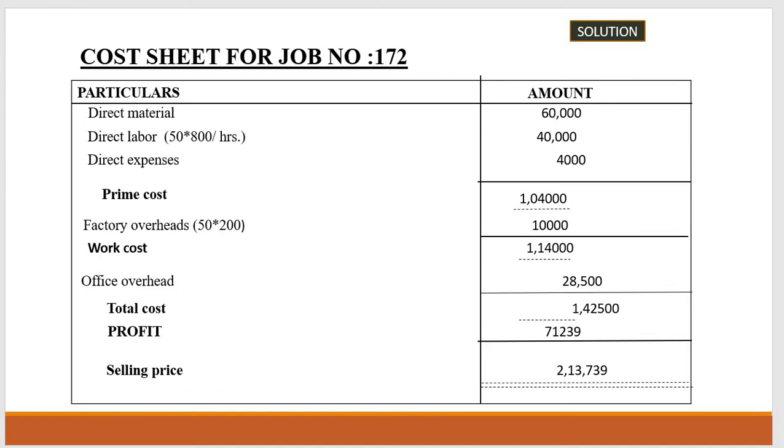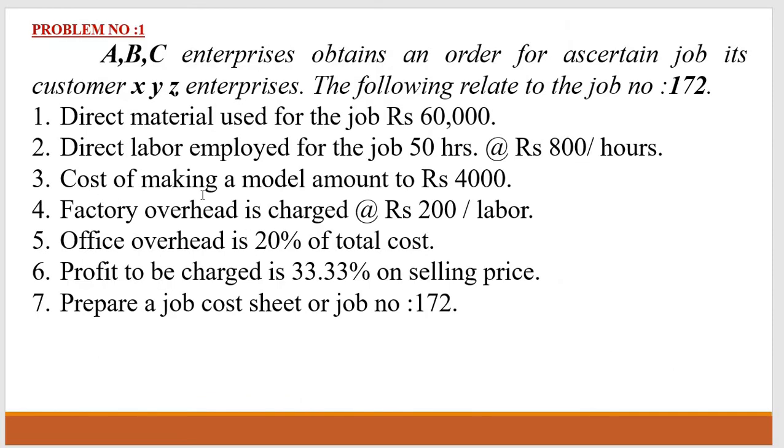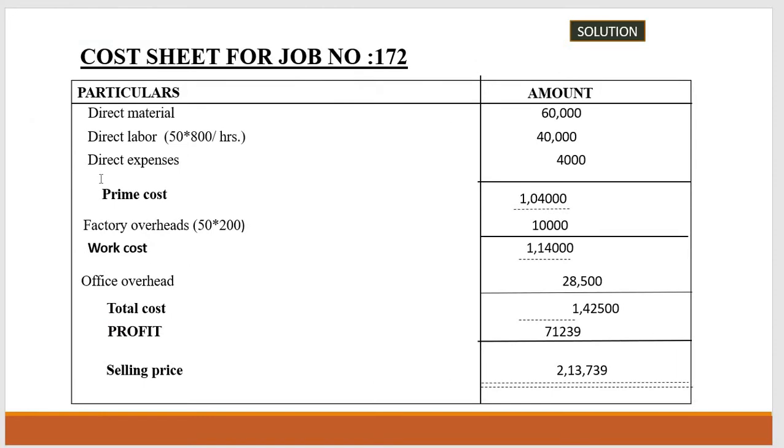Next, cost of making a model amounts to rupees 4,000. That is direct expenses. So in the particular column, we write direct expenses. So direct expenses is 4,000.